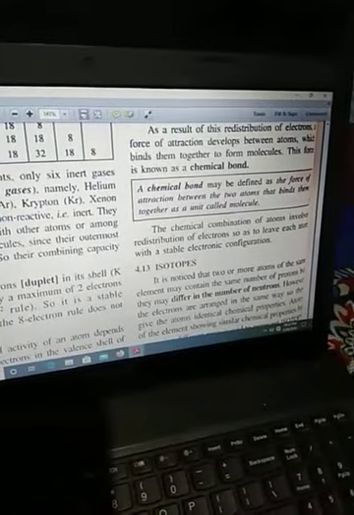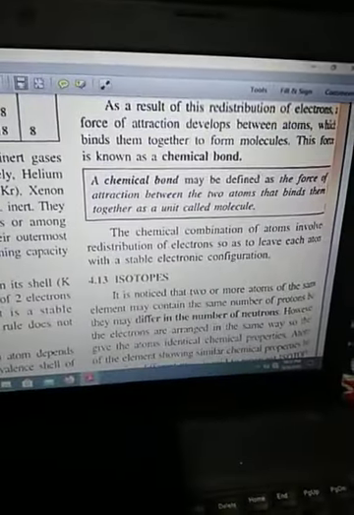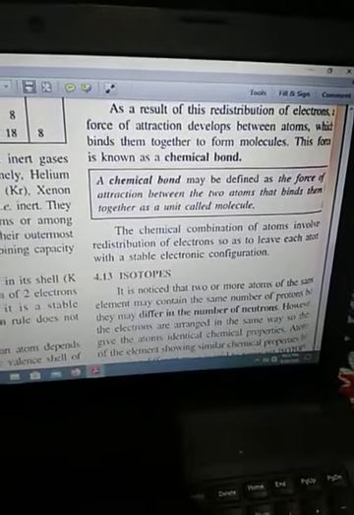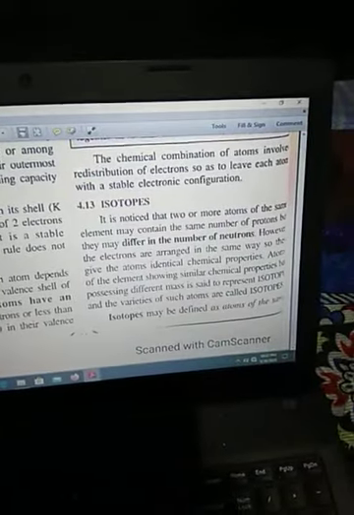Next we have isotopes. Isotopes of an element are defined as atoms of the same element having the same atomic number but different mass number.